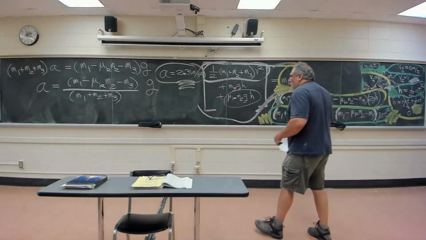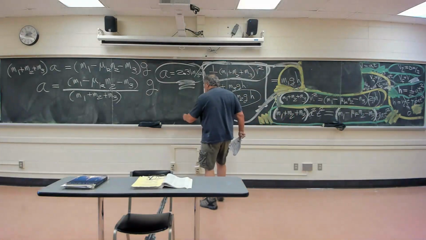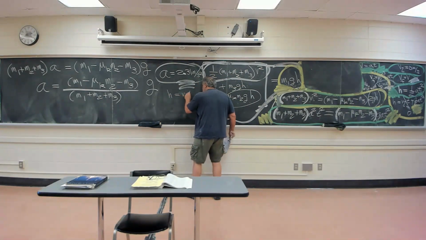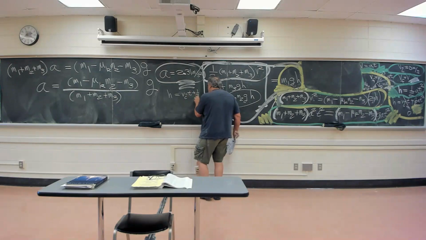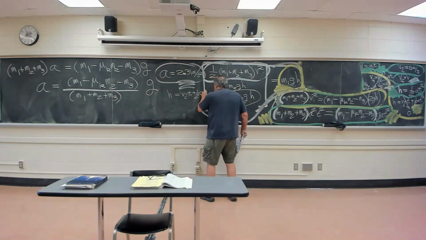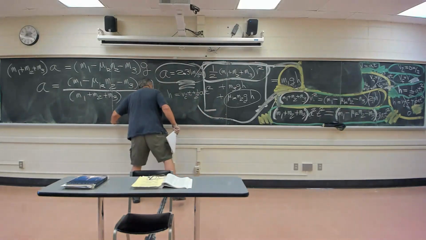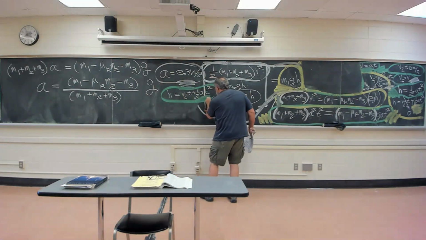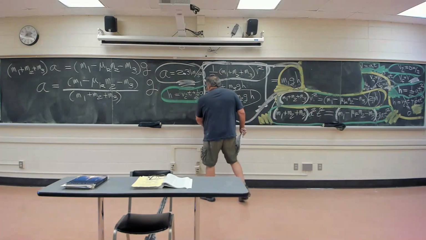Now, I might want to ask you, hey, this thing fell 100 meters. Well, h is v_i t plus 1/2 a t squared.